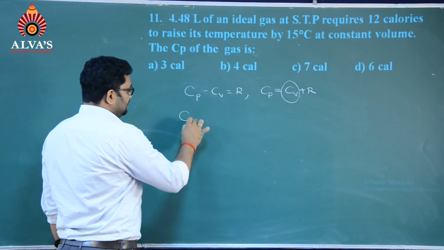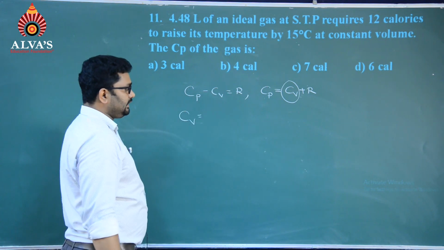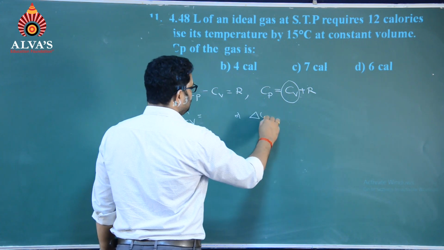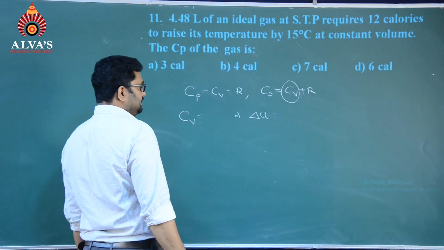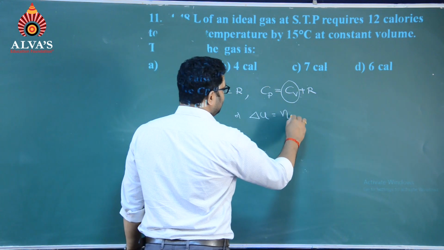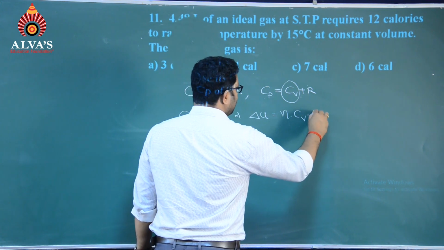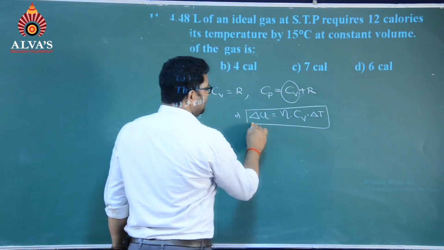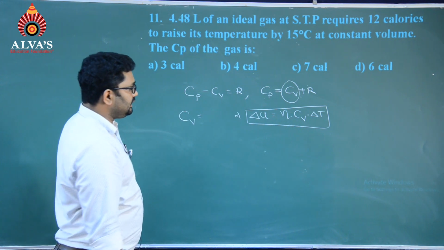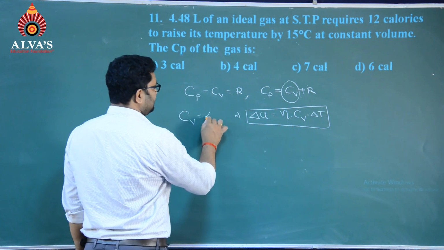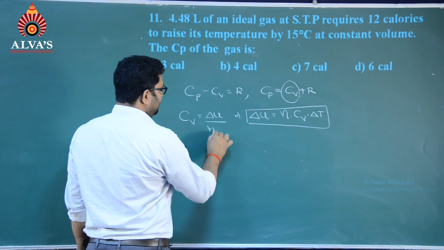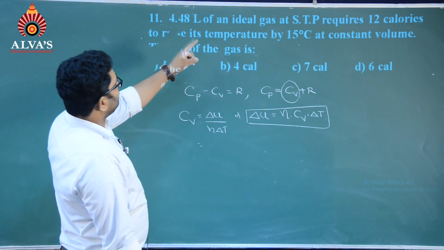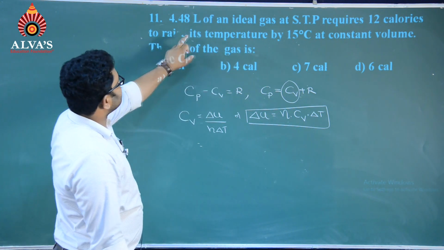As I told you earlier, Cv can go with delta U. Delta U, the internal energy, is nothing but n into Cv into delta T. This is the equation you must know, that is delta U equals n Cv delta T. Hence, Cv is nothing but delta U by n into delta T. The delta U value we have, that is 12 calories to raise its temperature.